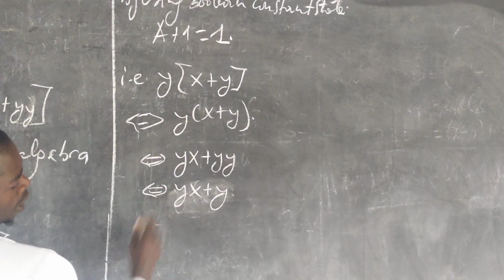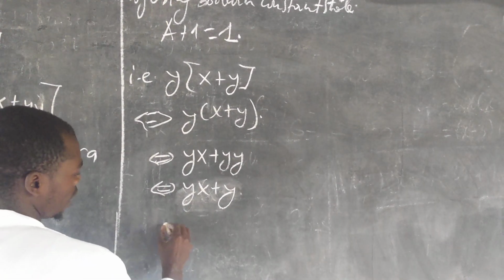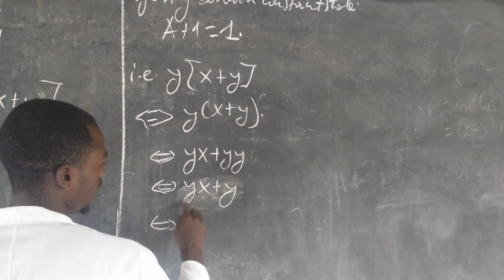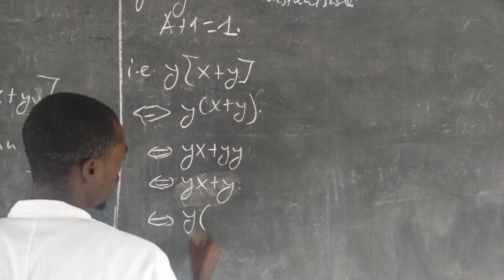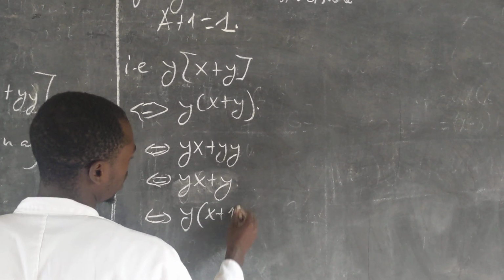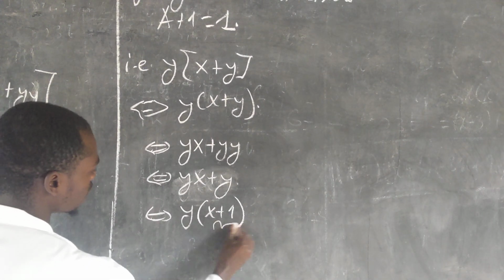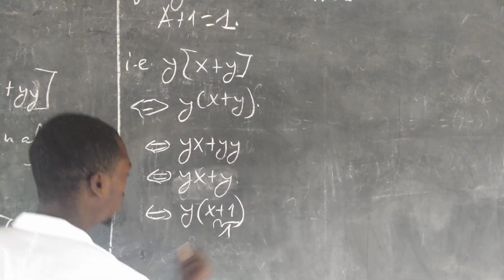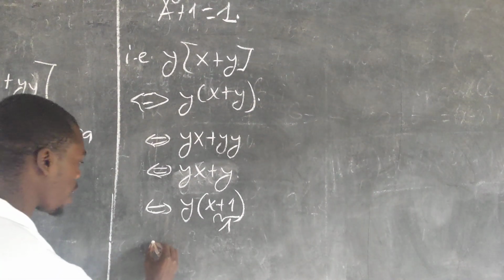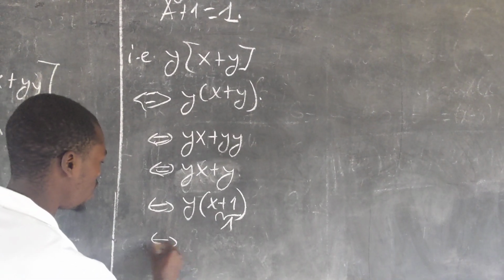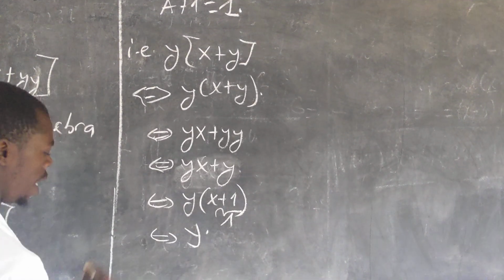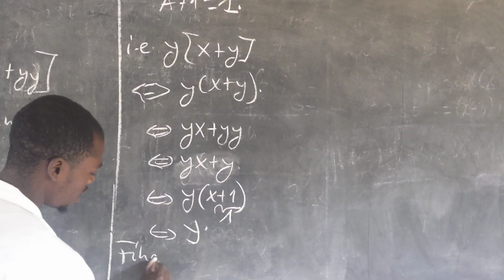You can put out y, and then y out, x plus 1. So this is equivalent to 1 here. So now you can say this is equivalent to y.